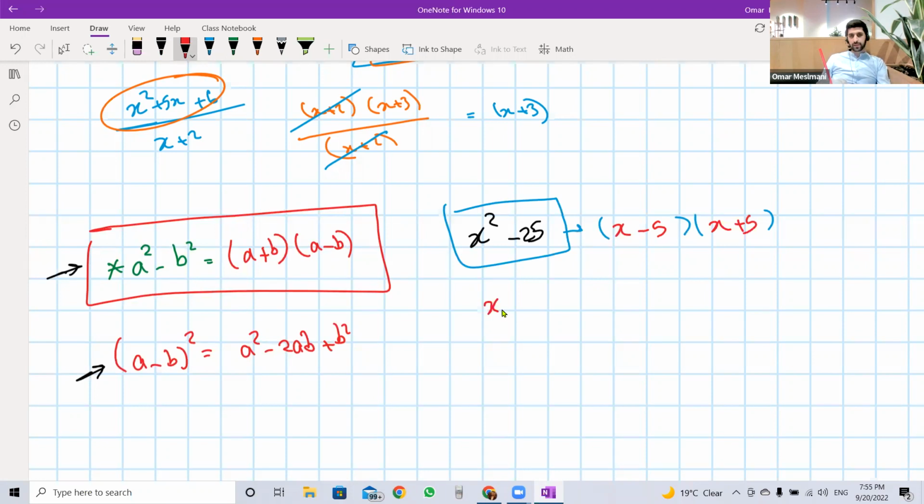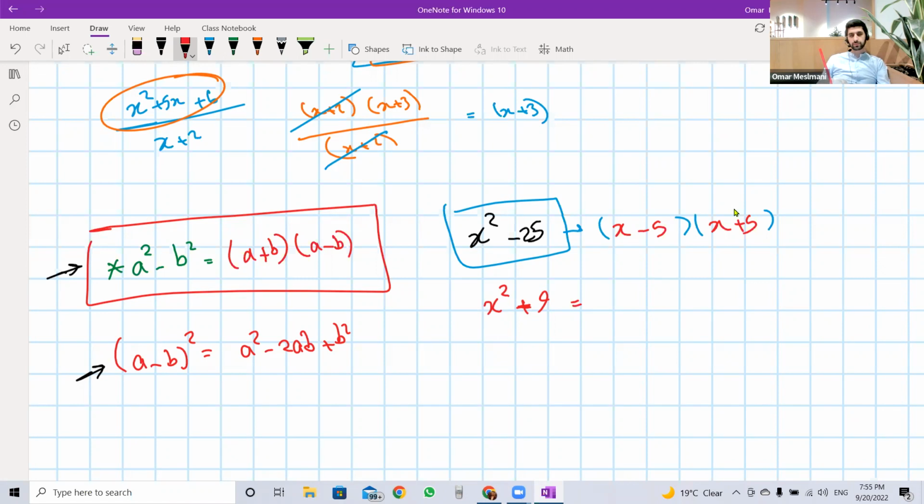One more. Let's say x squared plus 9. What is it? Minus 3, plus 3... Jawad? What is going to be this one?